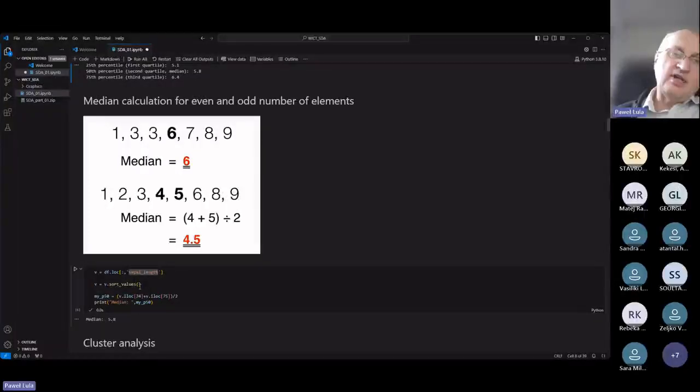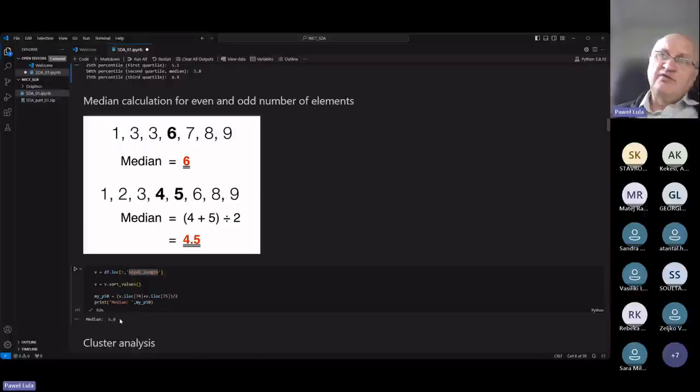And because the number of elements here is even, to calculate the median value, I took these two values, which are at positions 74 and 75, because we should remember that in Python, values are identified by indices starting from 0, not from 1. And we can calculate the median value here.